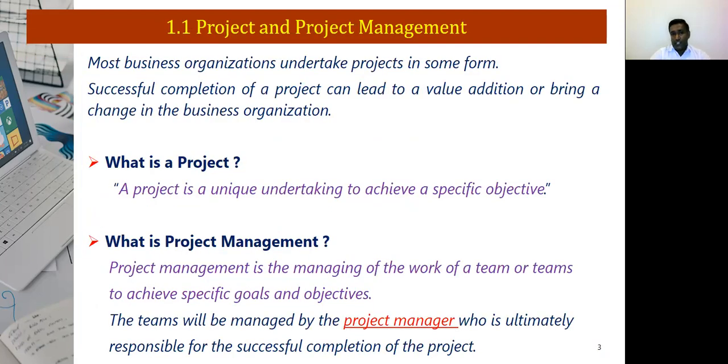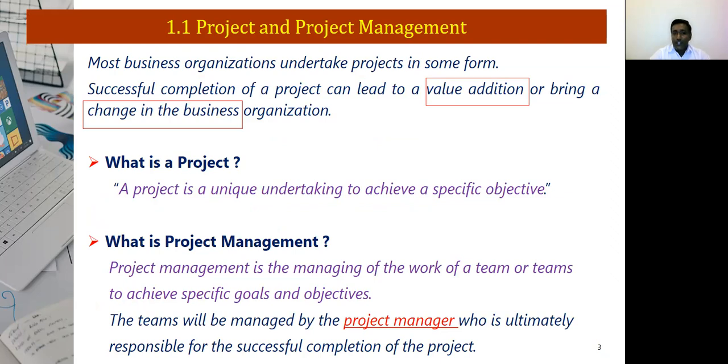Most business organizations undertake projects in some form. Successful completion of a project can lead to a value addition or bring about a change in the business organization. So which means when we are undertaking a project, we need to ensure there is some sort of value addition. So how do you define a project?